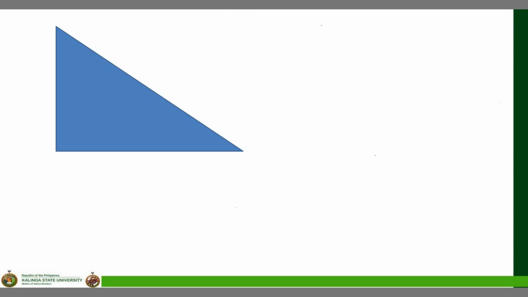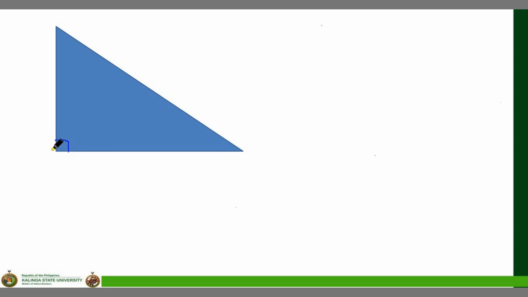What you see on your screen is a right triangle. When we say right triangle, one of its angles is a 90-degree angle. That is what we call a right triangle.